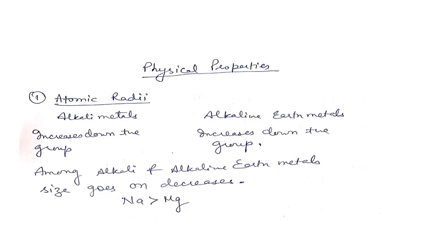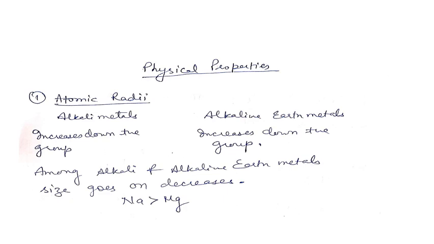So in the alkali metals, group 1, it increases down the group, and in the alkaline earth metals, group 2, it also increases down the group.